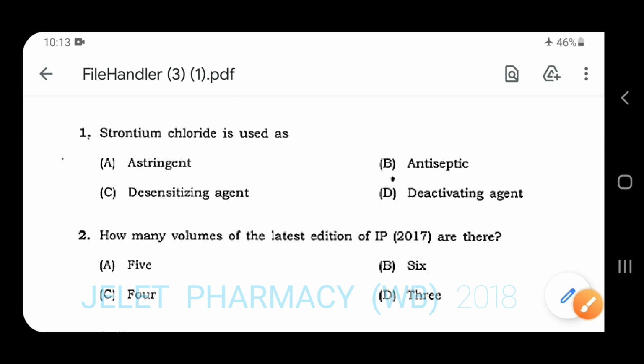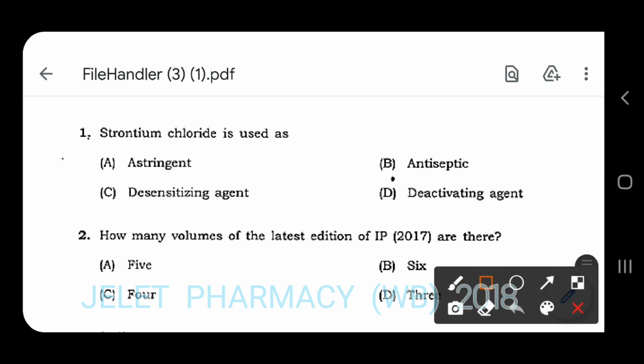Here the correct answer is desensitizing agent. A few other desensitizing agents are glutaraldehyde, silver nitrate, zinc chloride, etc.